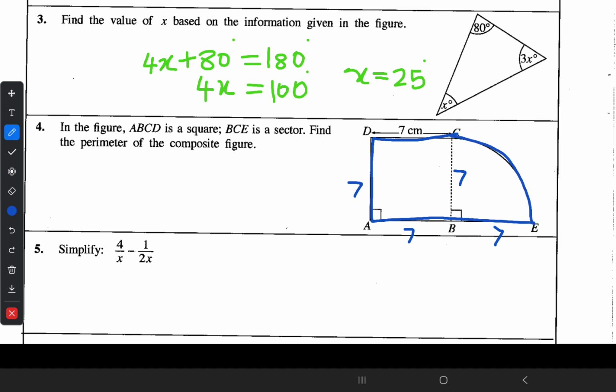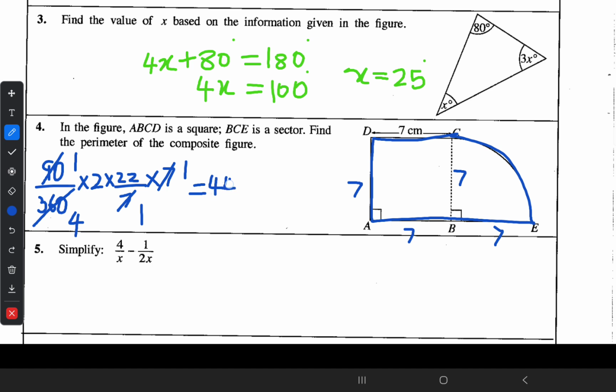For that, 90 upon 360 into 2 pi r. 2 times pi, 22 upon 7, and radius is 7 centimeters. We can simplify. Then 2 times 22, 44, divided by 4, will give you the arc length as 11 centimeters.